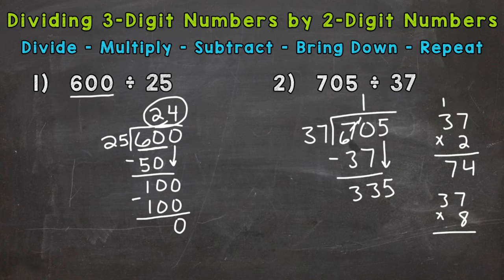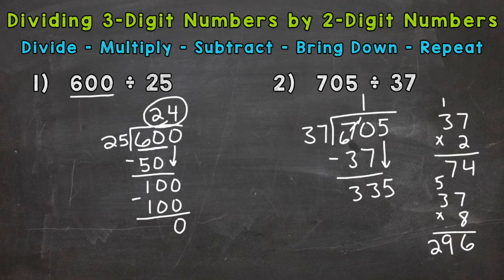It doesn't hurt to try something out. You can always try something else if you didn't get close enough or if you went too far over. So 8 times 7, 56. 8 times 3, 24 plus 5 is 29. 296, not bad, pretty close. Let's see if we can get closer.